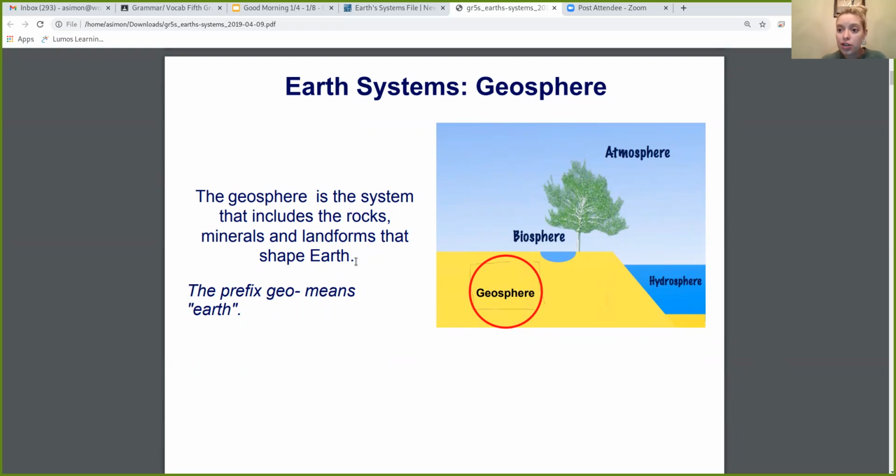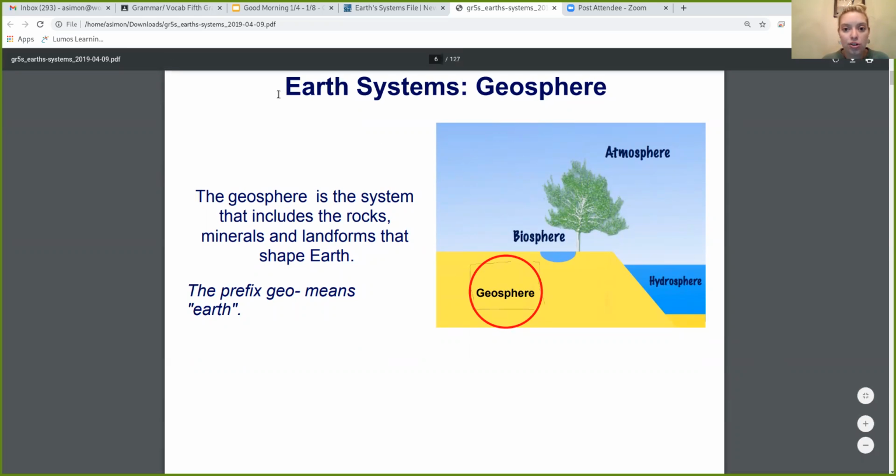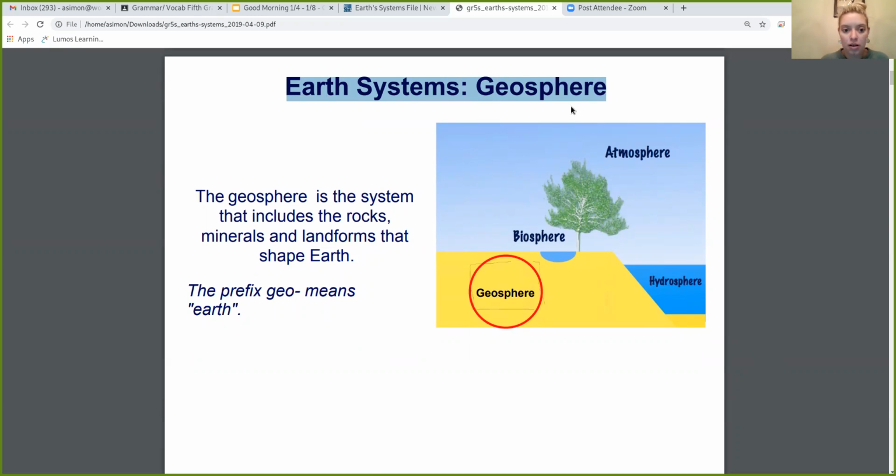The geosphere is focusing on that land. Go ahead and add this into your notes. Earth systems, geosphere at the top. And then what the geosphere is: the geosphere is the system that includes rocks, minerals, and landforms that shape Earth.